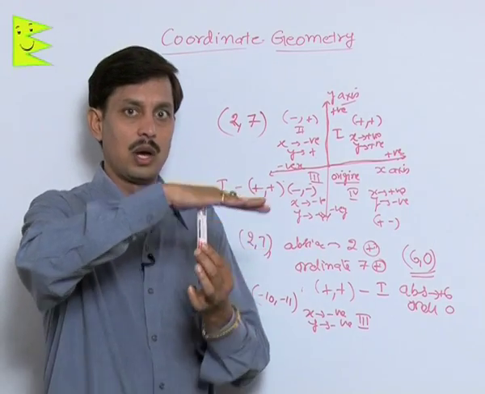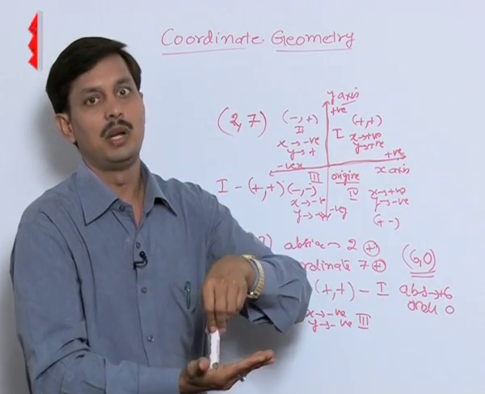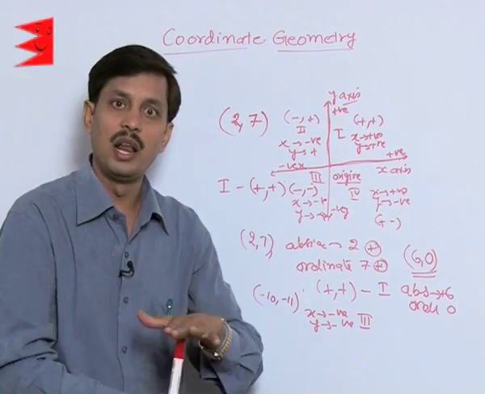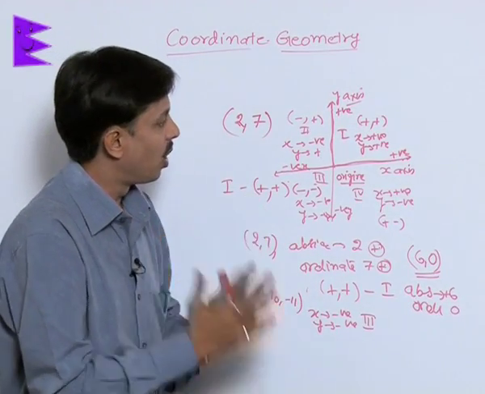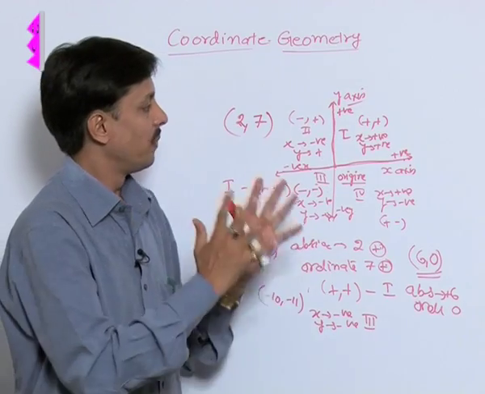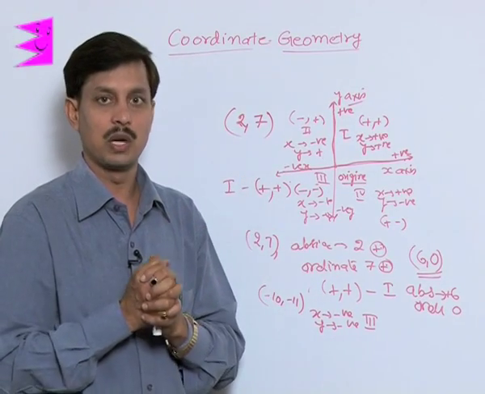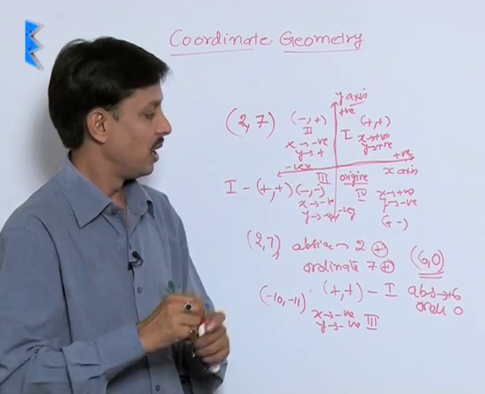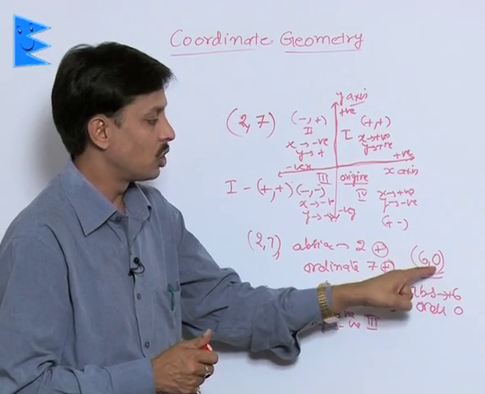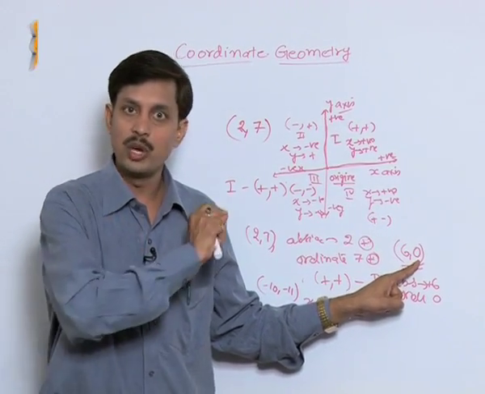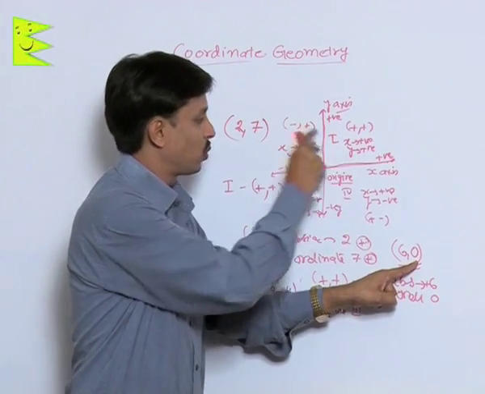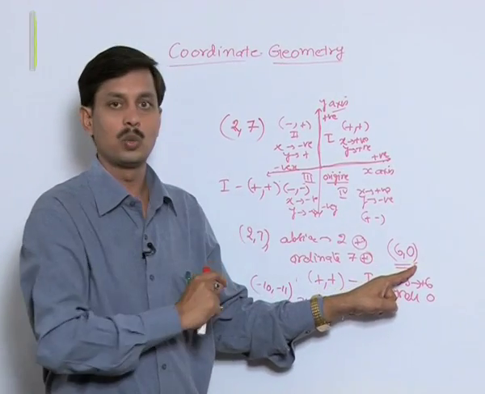neither have we gone up nor have we come down. Until we come up or down, it is not necessary that the point will go into any of the quadrants. It means that we are still on the x-axis. So (6, 0) is neither in the first quadrant nor in the fourth quadrant.